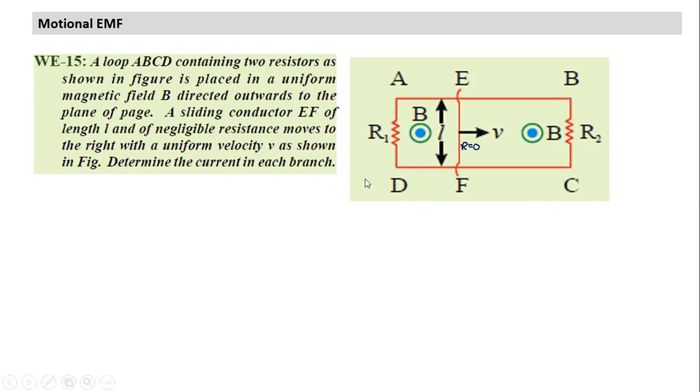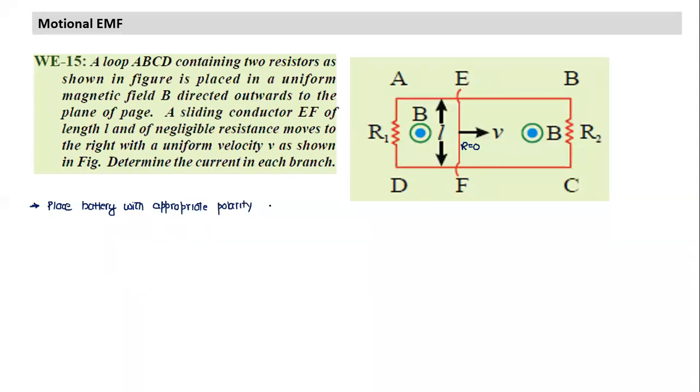For such questions, wherever a conductor is moving, we can place a battery with appropriate polarity. Where should we place the battery?